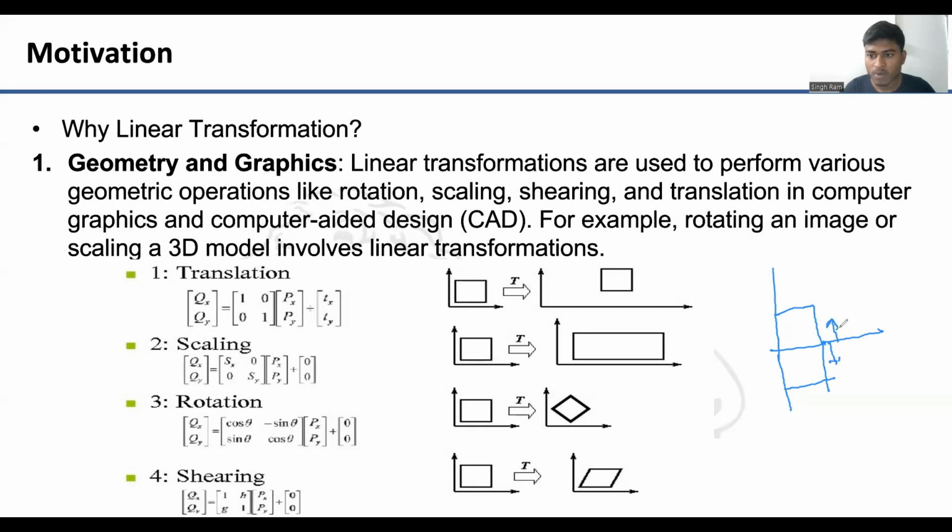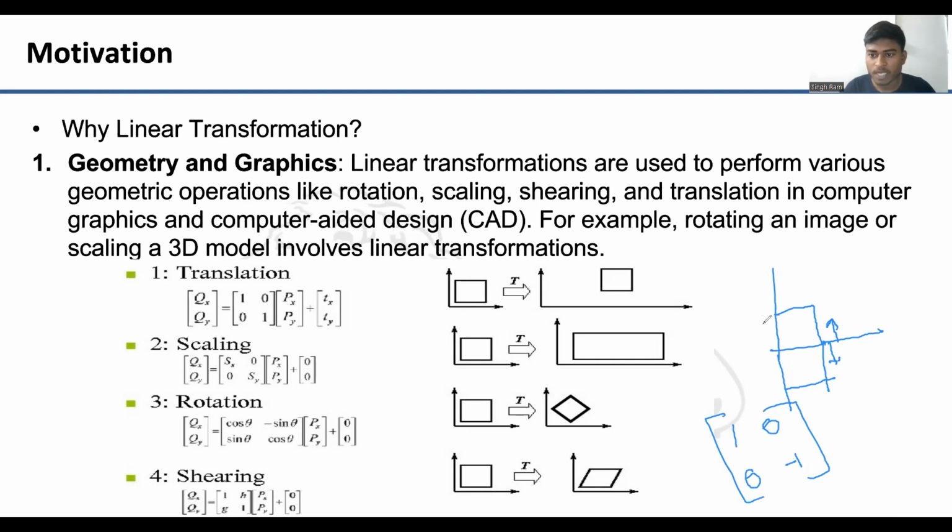Here y is positive, there y is negative. So we multiply by the matrix with 1, 0 in the first row and 0, -1 in the second. This changes the sign of the y component, which gives the reflection with respect to the x-axis.